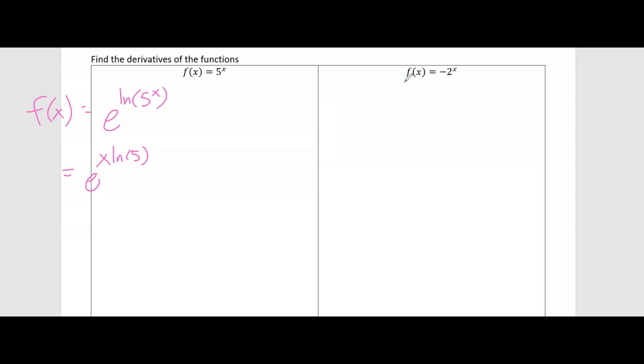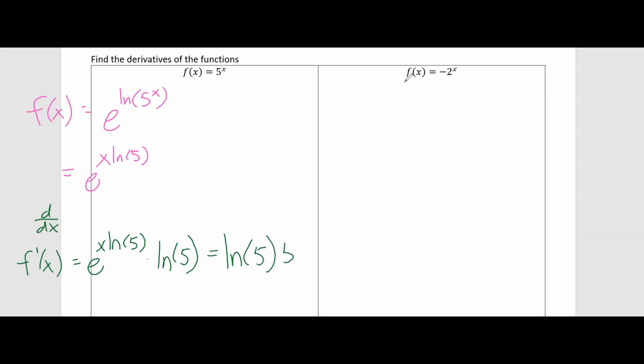If I then take the derivative with respect to x, that's going to give me f prime of x is equal to e to the power of x times the natural log of 5 times the natural log of 5. And of course, that's going to give me the natural log of 5 times 5 to the power of x.